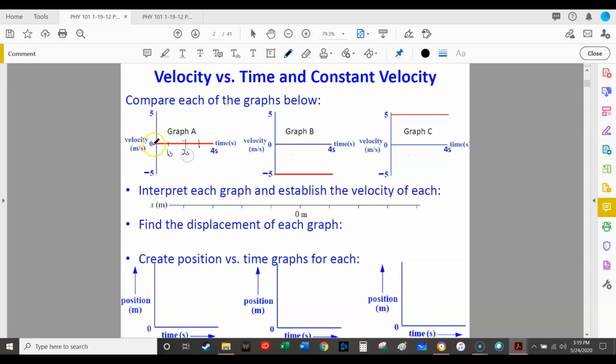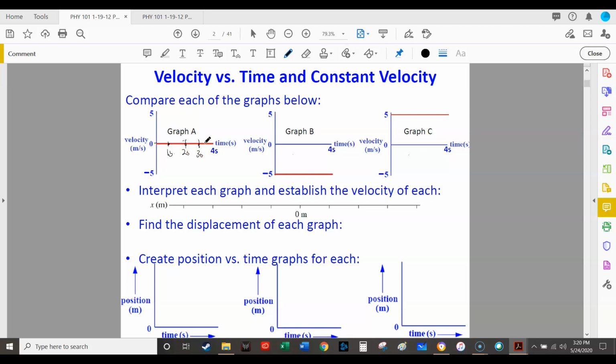At the 2 second mark, you also have a velocity of 0 meters per second. At the 3 second mark, the red line is your velocity, so that is also 0 meters per second. And finally at the 4 second mark, you have a velocity of 0 meters per second. So what is that saying?